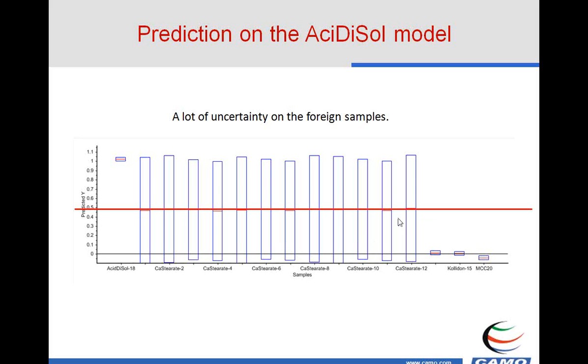But the ones that are foreign samples, they get a value that is about 0.5, but with a very big uncertainty. So here you cannot trust those values. You should think that they are not part of any of those categories.